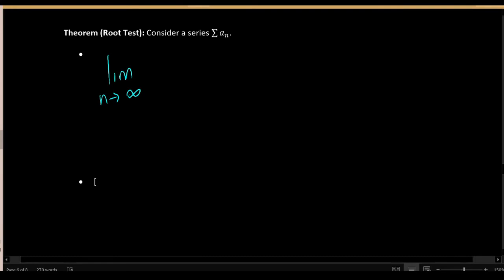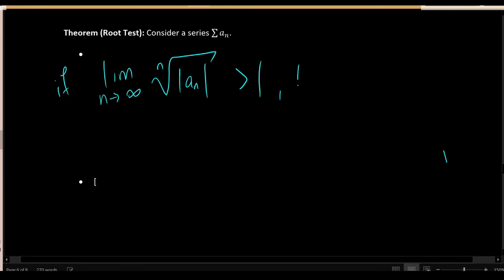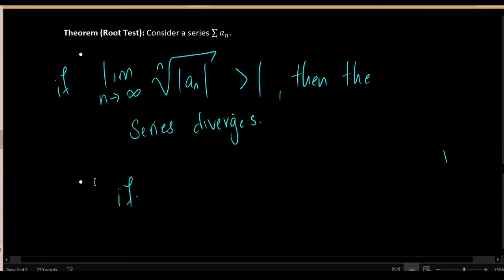But this time, it's the limit as n goes to infinity of the nth root of the absolute value of a sub n. If this quantity is strictly larger than 1, then the series diverges. But if this quantity is anything that's strictly smaller than 1, then the series converges absolutely.